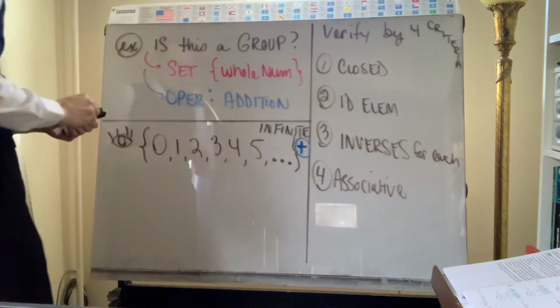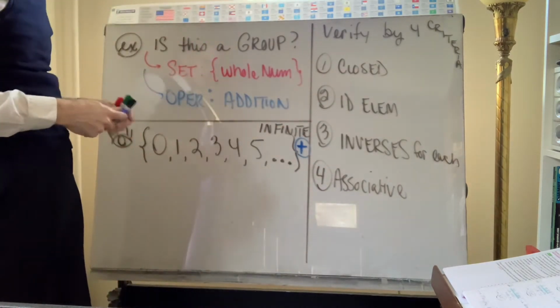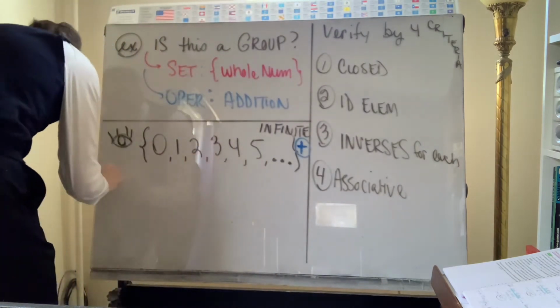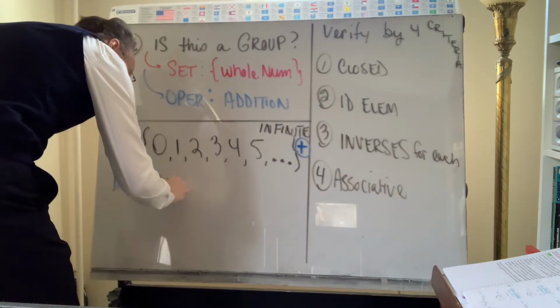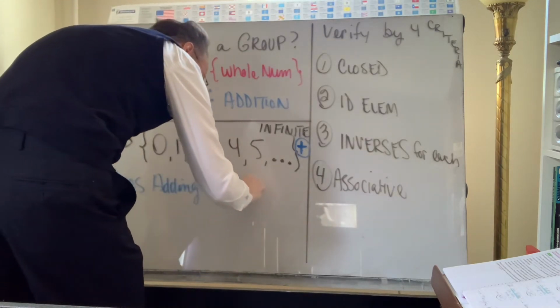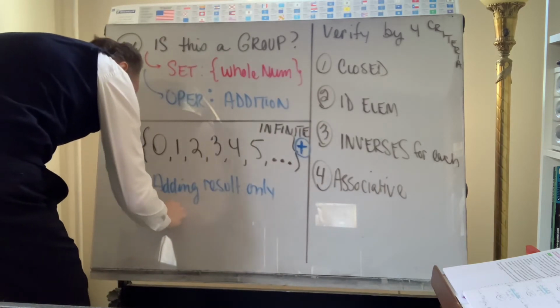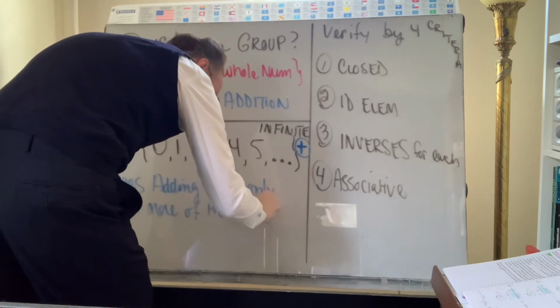Right. So, if the system is in fact closed, then the question is, does adding result only in more of the same type of number?